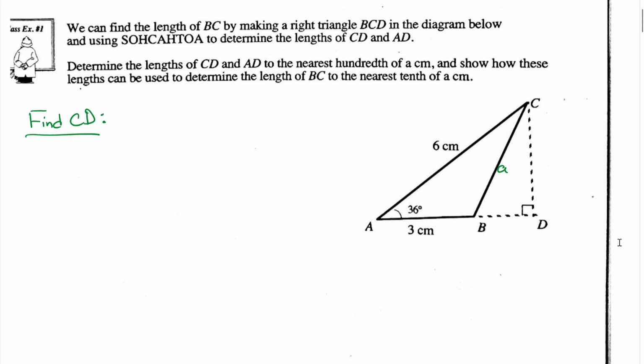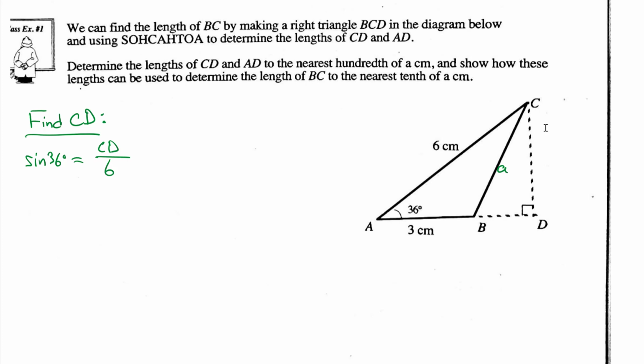And to do that, I'm going to be looking at the big right triangle here, triangle ACD. And I notice that I have CD here, which is opposite to the angle 36, and 6 is the hypotenuse if I'm looking at the big triangle. So I can set up a sine ratio. I can say that the sine of 36 is going to equal CD over 6.